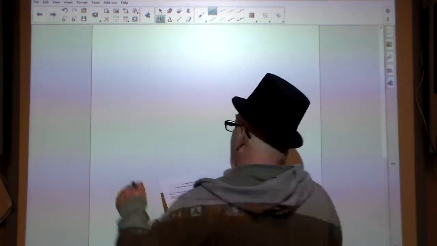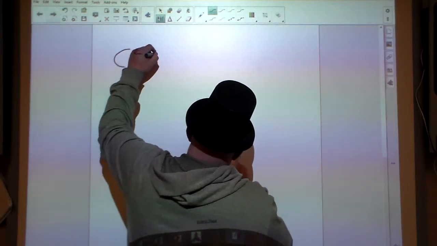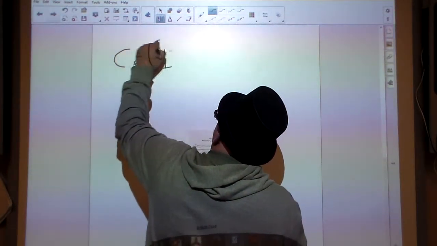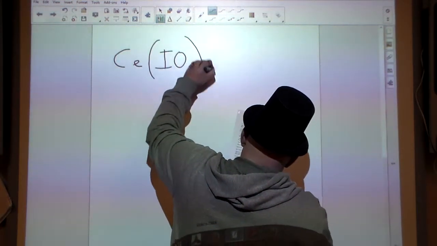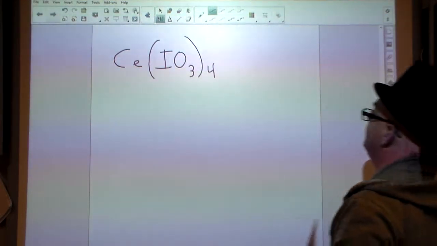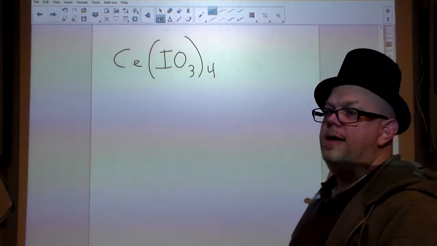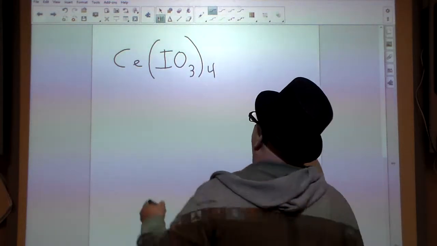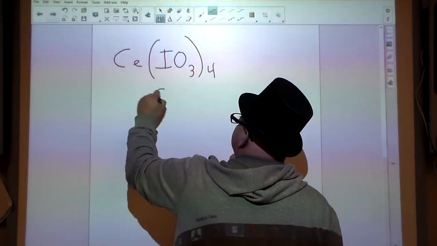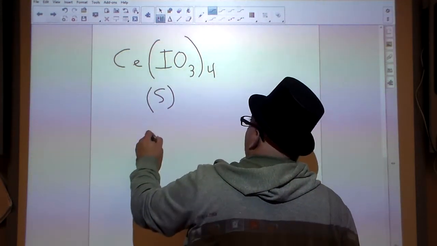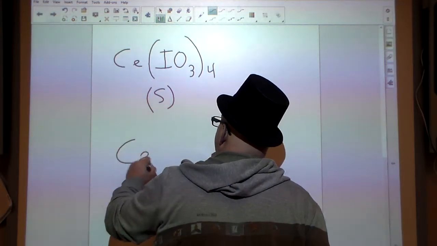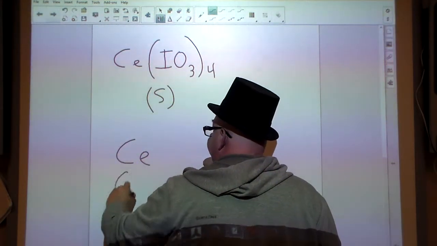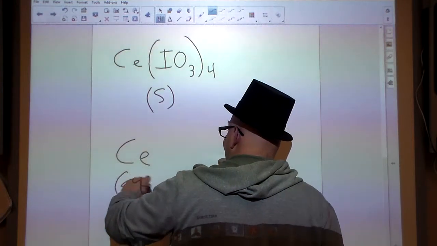And so here we have Ce(IO3)4 like this. How in the world do we go and break this up? Well, I would say to you guys, one, this is a solid, and when it breaks up, it's going to break up into Ce, and that's going to be in an aqueous format.